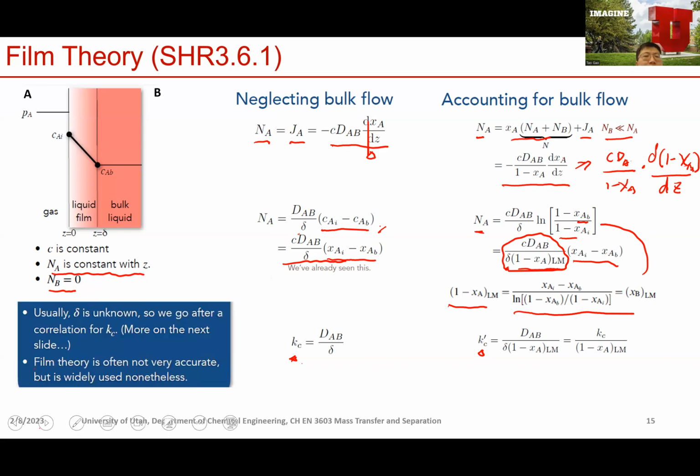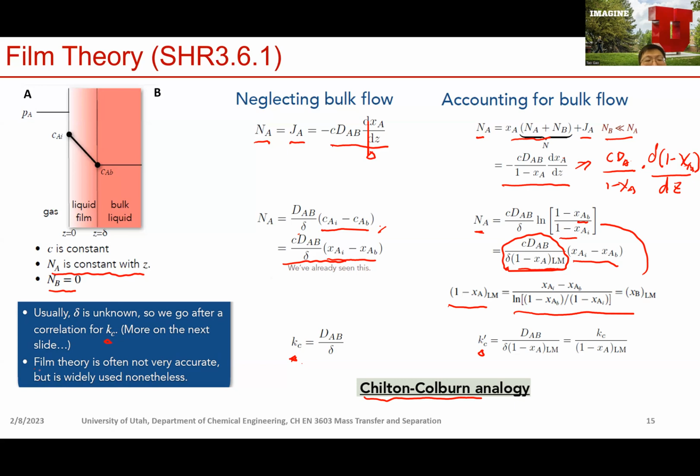Usually the film thickness delta is unknown, so we have to go after a correlation for the mass transfer coefficient. The film theory is often not very accurate, but it's widely used nonetheless. For this particular problem, one simple start is to apply the Chilton-Colburn analogy to find Kc.